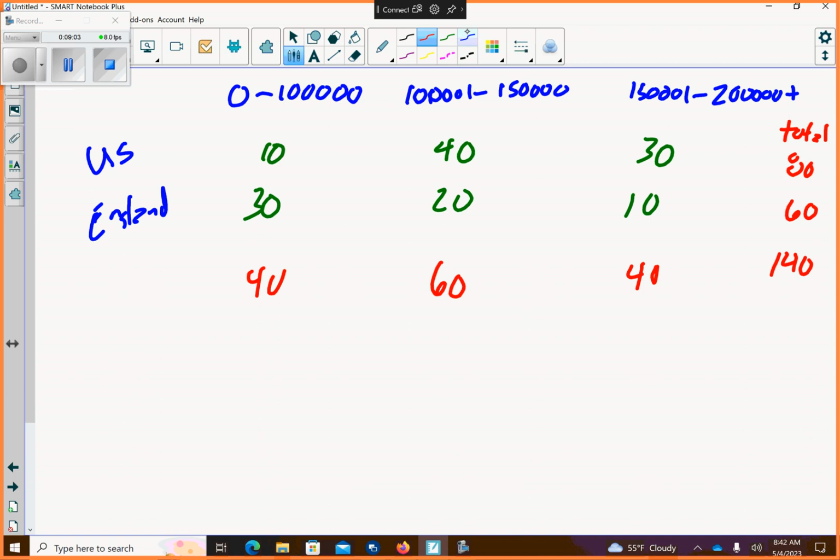All right. So in this particular case, this might be a word problem in a way that it would say, we could call mu the income of US versus England.